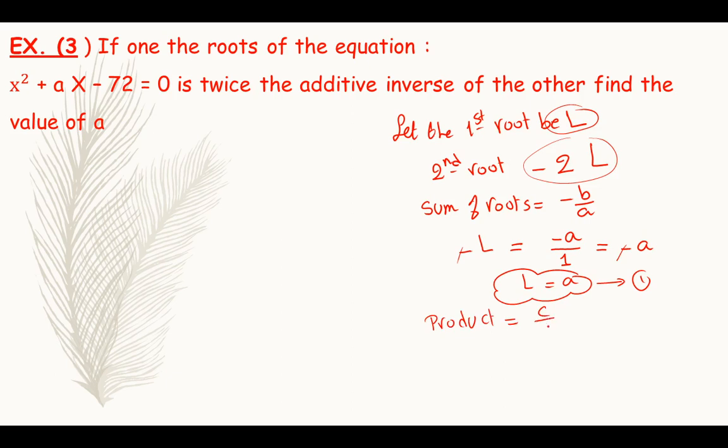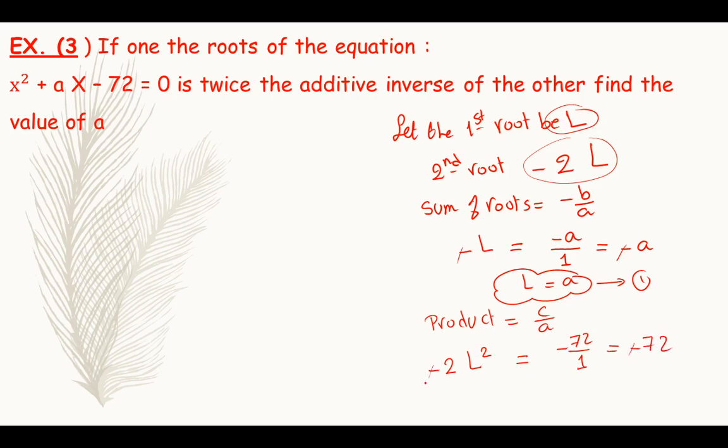The product of the two roots equals c over a. We are going to multiply L by negative 2L, which will be negative 2L squared. This is equal to c over a. C here is negative 72 and a equals 1, so it will be equal to negative 72.